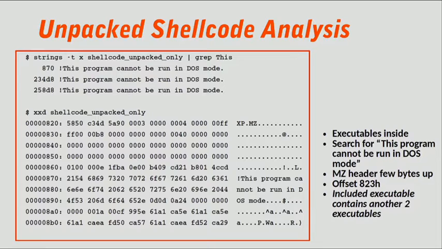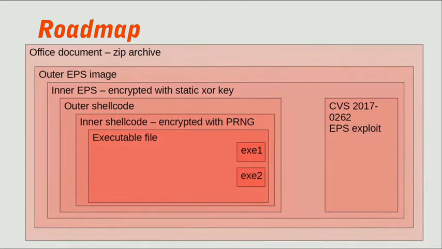If we look in a hex viewer, here is this "This program cannot be run in MS-DOS mode", offset 870. And a few bytes up, MZ, that's how portable executables, basically how exe and DLL files, start, that's a header. So we know that at this offset, an executable file starts, and in fact later I found out that those 2 other executable files are included within the bigger executable file.